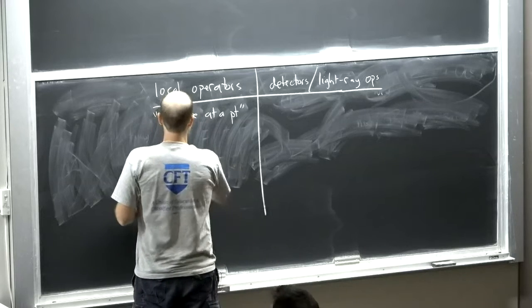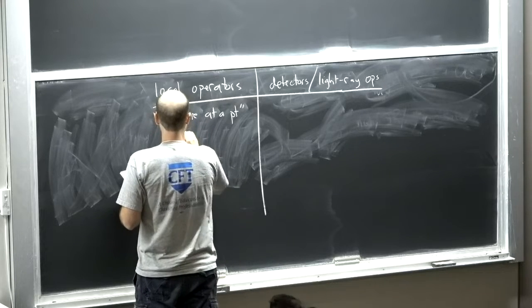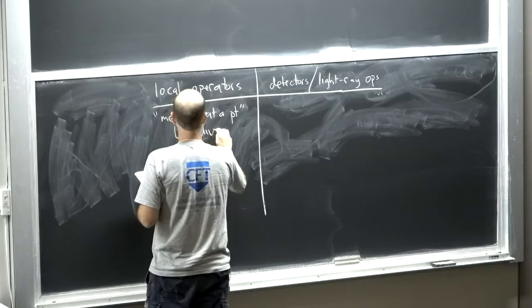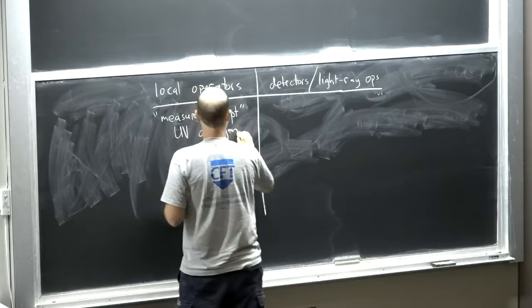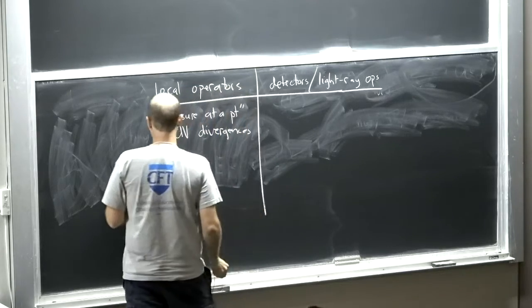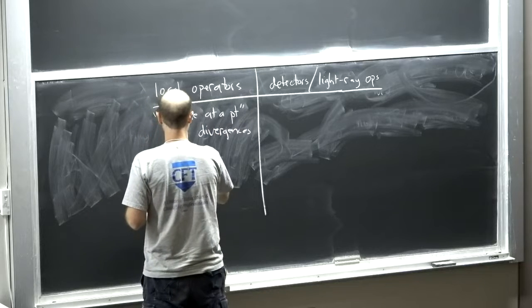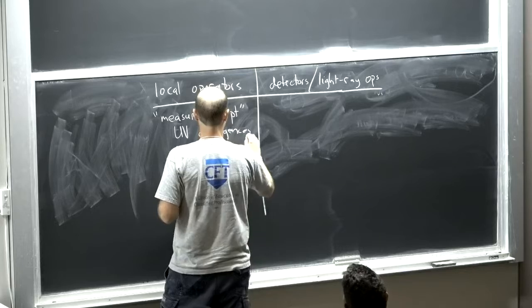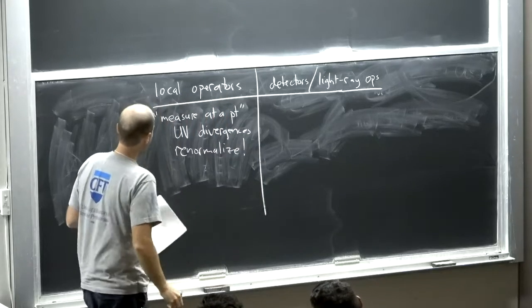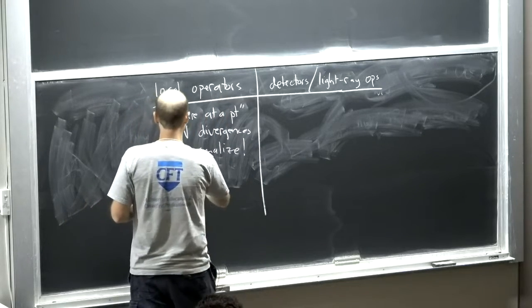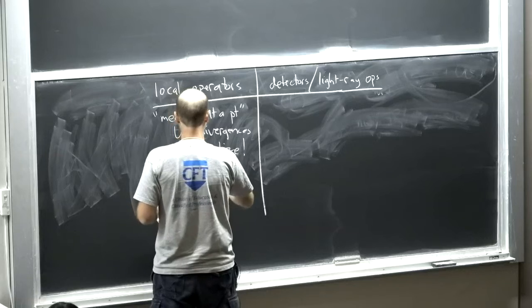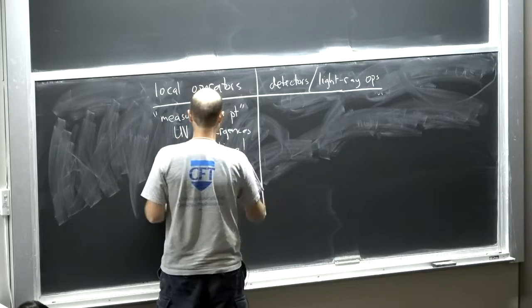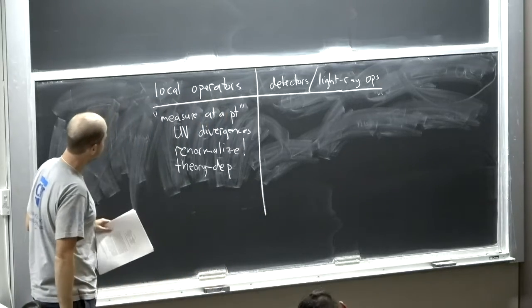The bare local operators that you might try to construct will have UV divergences. You need to renormalize them. When you do, the things that you get are theory dependent. In particular, their quantum numbers are theory dependent.